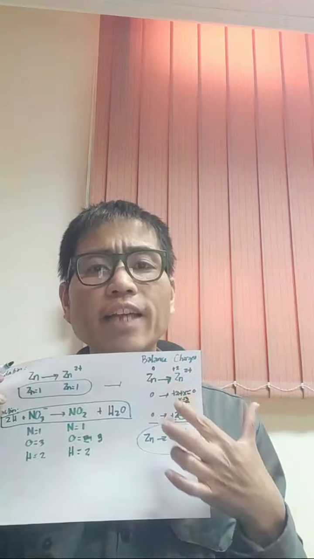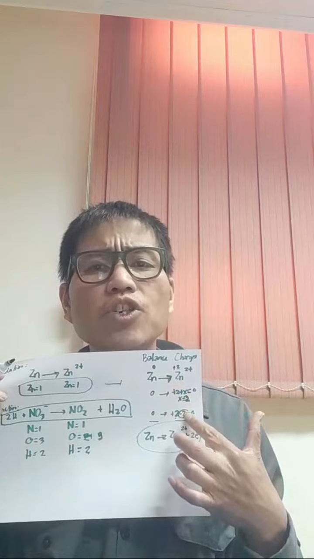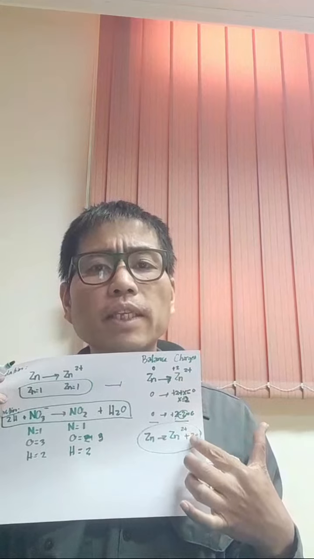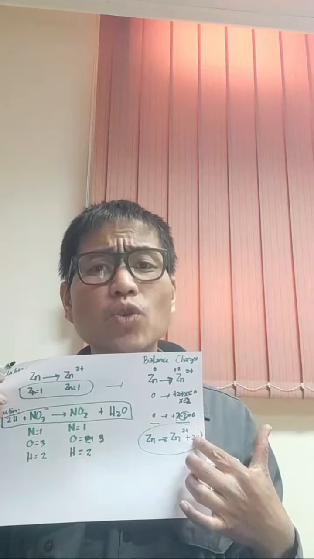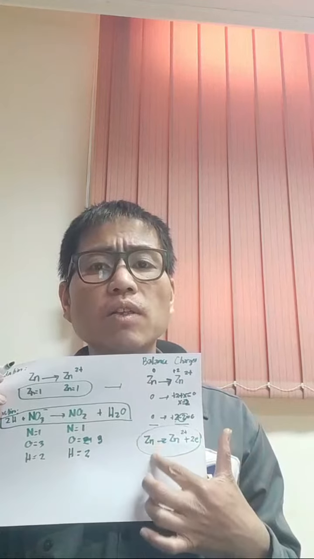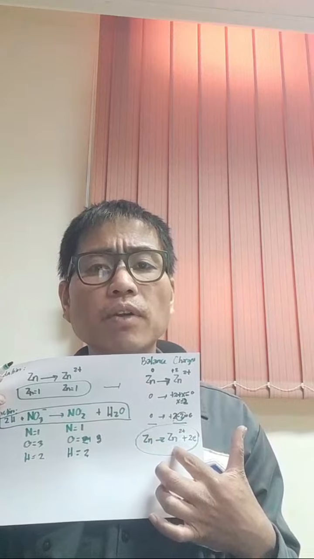So negative 2 is our charge for this, and automatically negative 2 means 2 electrons. So zinc equals zinc positive 2 plus 2 electrons. And this is for the oxidation.